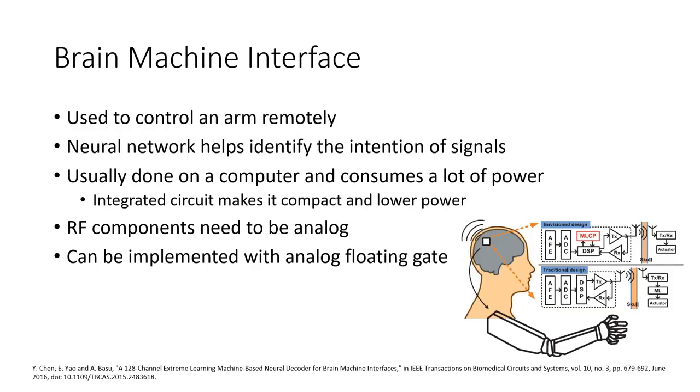This historically was usually done on a computer in a pack separate from your brain, and it consumes a lot of power. And the integrated circuit makes it compact and lower power, and it could actually go into your brain. I don't know if anyone would want that, but the RF components obviously need to be analog, but it can be implemented with analog floating gates.